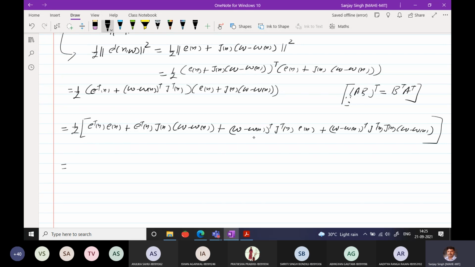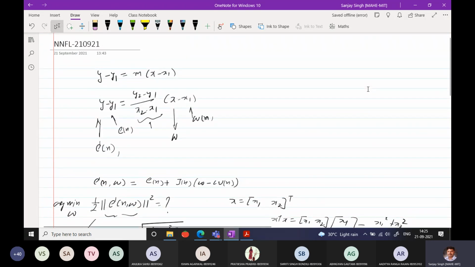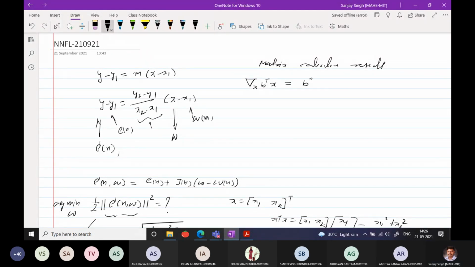The question is, how do I know whether I should write it in this form or that form? Remember these two results from matrix calculus that we will be using: whenever something like b^T x is there, the derivative is b; whenever x^T A x is there, it is 2Ax.